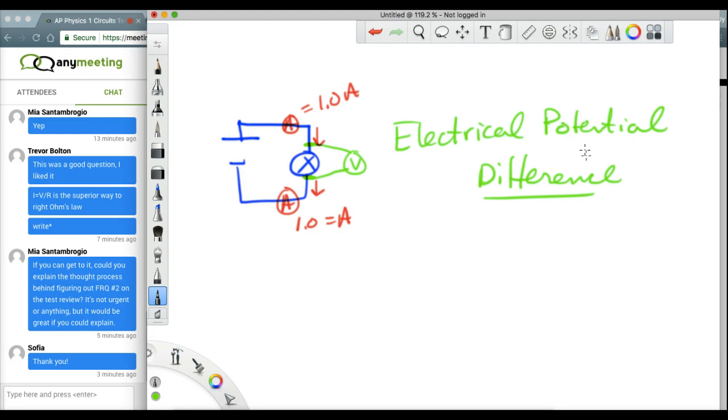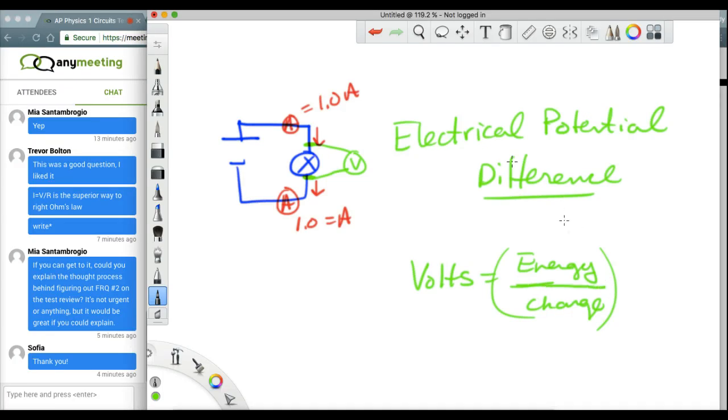Electric potential is talking about volts, and volts is the amount of energy per charge. So if I could get into my little magic school bus and watch the electrons fly by me in the wire, and I could measure how many joules of energy there was per coulomb of charge, that would be what the voltage is.